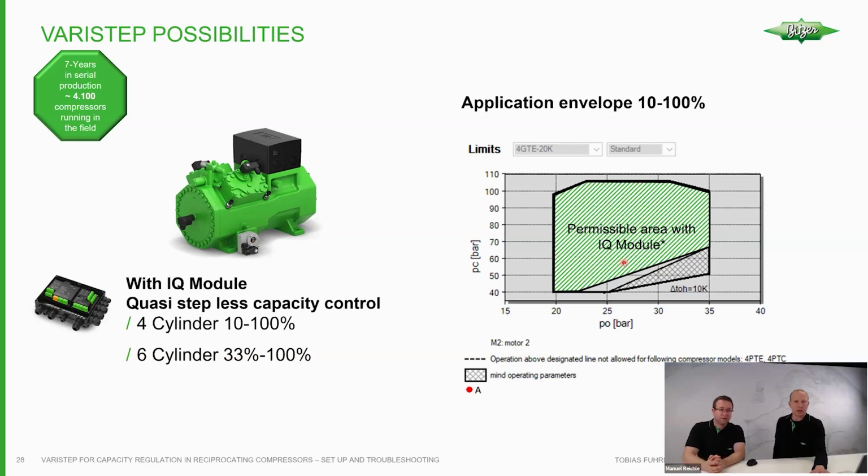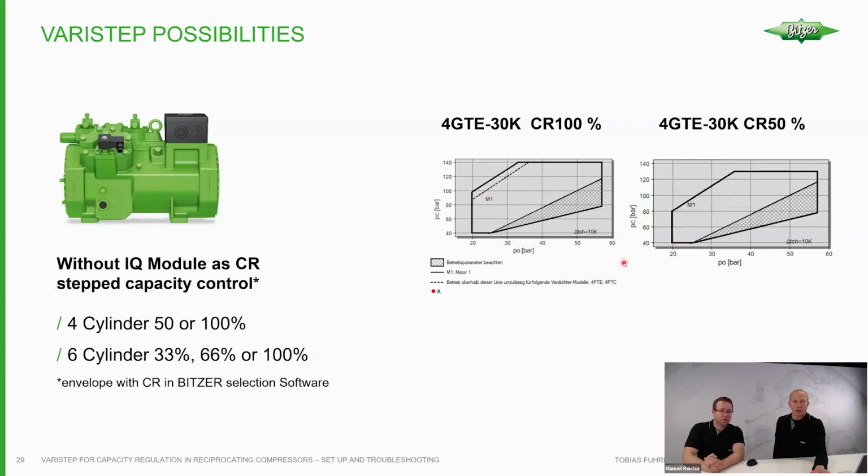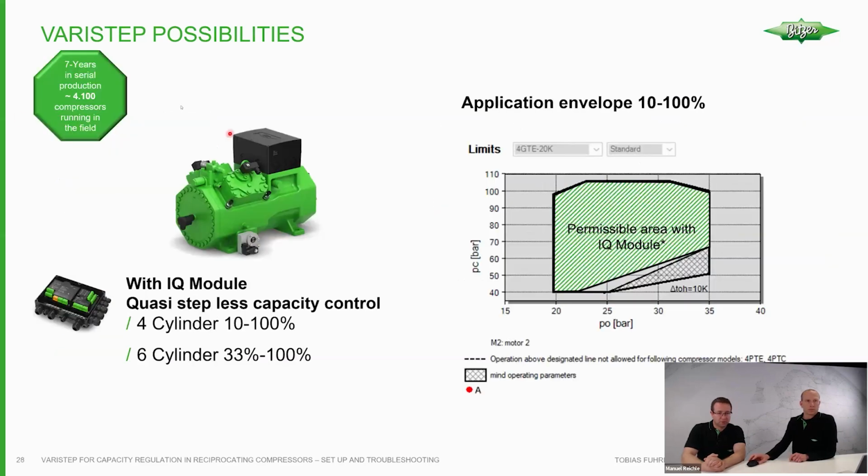Perfect. Very correct. One number we also want to highlight: we have had the VARISTEP for 7 years now, and we have 4,100 supermarkets running with the VARISTEP as lead compressor. 4,100. Okay, wow.